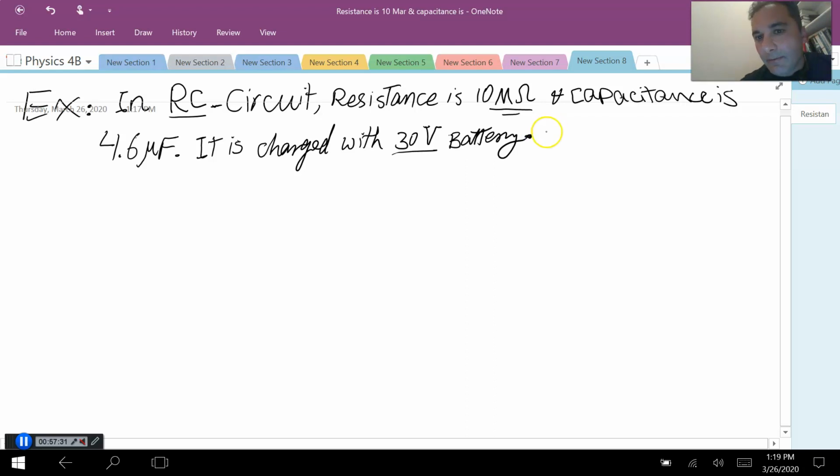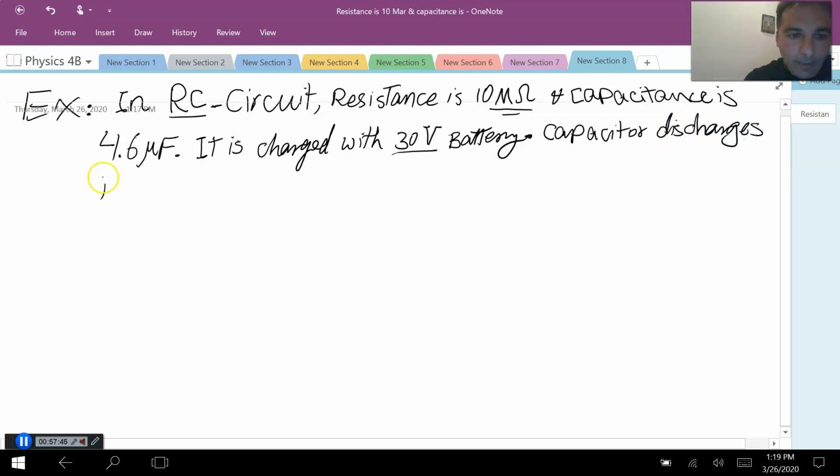So what is happening? The capacitor discharges into the resistor. Let's do it one by one.